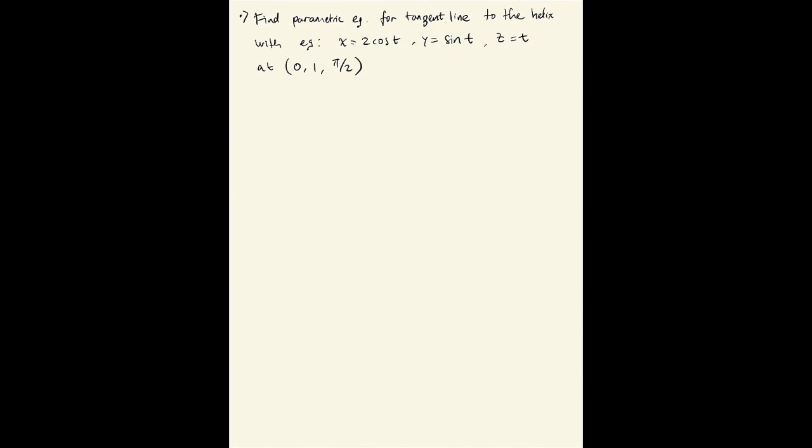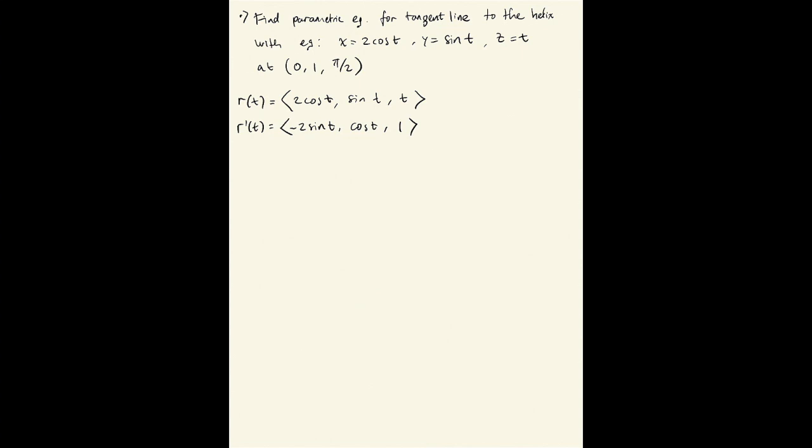So first we write the vector function as 2 cosine t, sine t, and then t. Let's find the derivative for finding the tangent. The derivative of cosine will be minus sine, right? And the derivative of t will be 1.